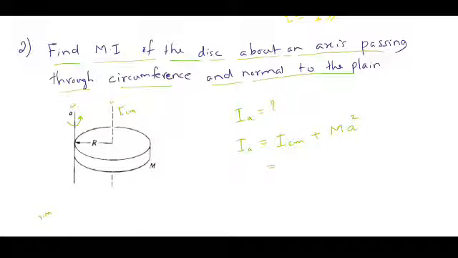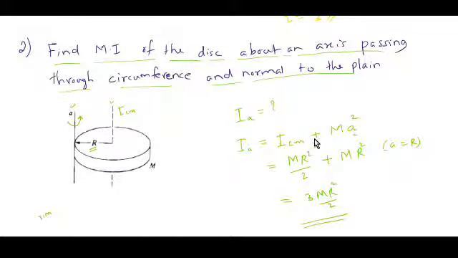Moment of inertia about the center of mass is mr square by 2, because this is a disk, plus m a square, where a is the distance between the two axes. That is nothing but r square, because a is equal to r. And the answer is 3mr square by 2. Fine. A lot of problems you can see in the question papers, and please practice this.